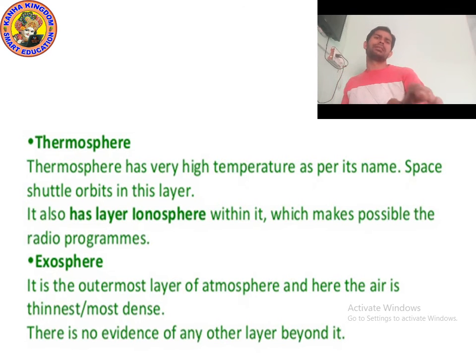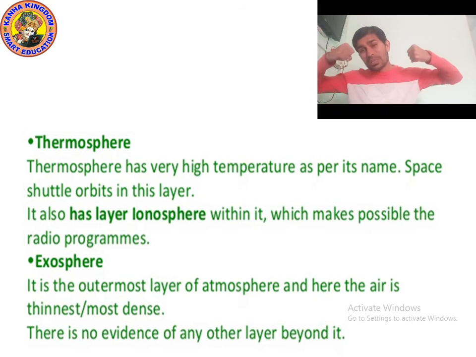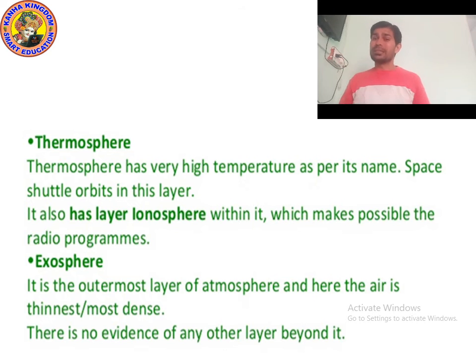Now kids, let's talk about thermosphere and exosphere. So what is thermosphere? The thermosphere has very high temperature. Yes, it is a hot area. Thermosphere, thermal word, if you have heard, thermometer is used to measure temperature.